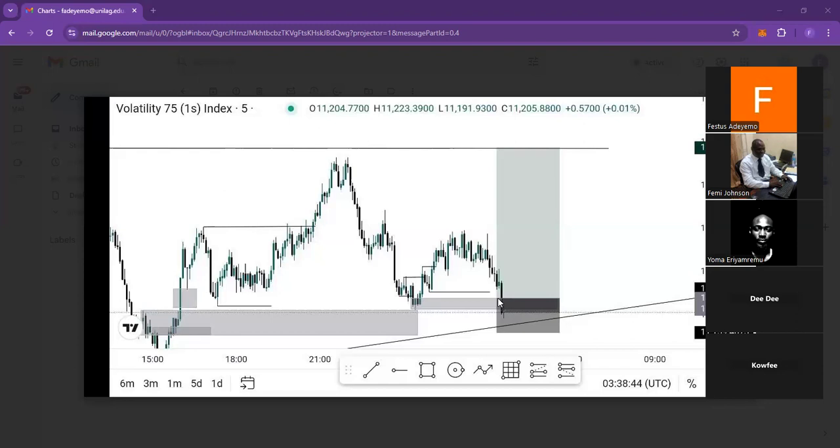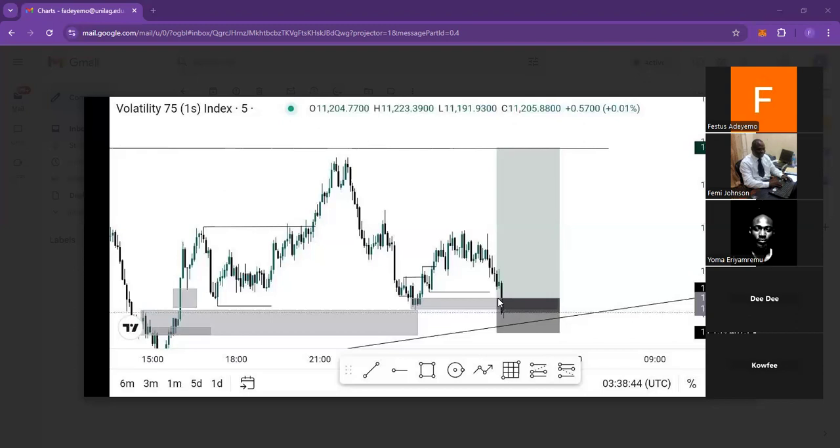When you want to find that institutional candle, you do what we call a top-down analysis. That is, you look at the order flow from the higher time frame, say maybe the daily time frame, and then you narrow down to the 4-hour time frame, and then maybe a 1-hour time frame for those that want to swing their trades.